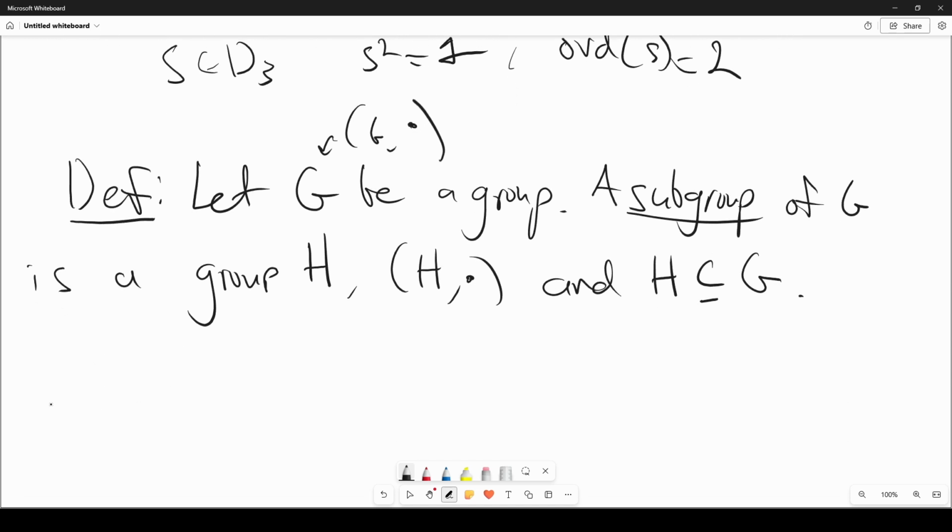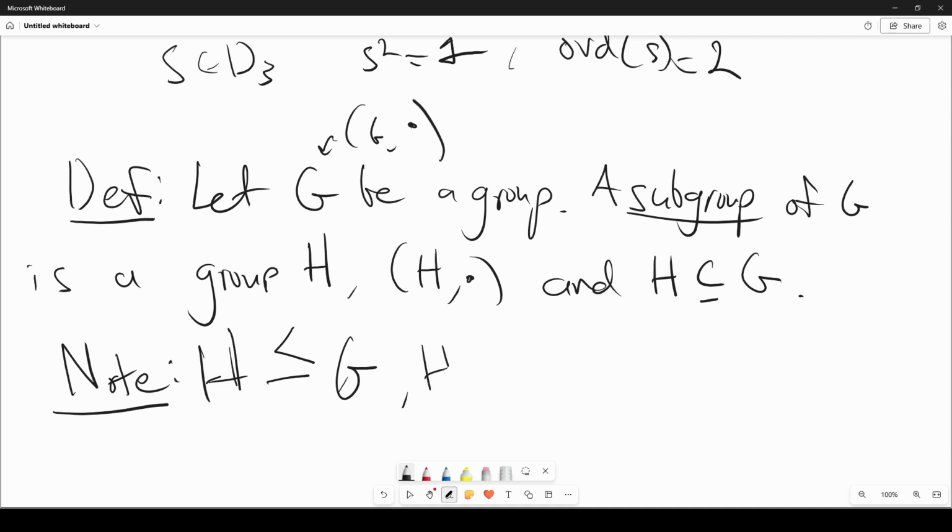And just a quick note here. There's an easy way to prove that a subset of group elements forms a subgroup. When we're saying that something is a subgroup, some people write it like this. I kind of like writing it like this, but I think usually the standard notation is doing something like this.